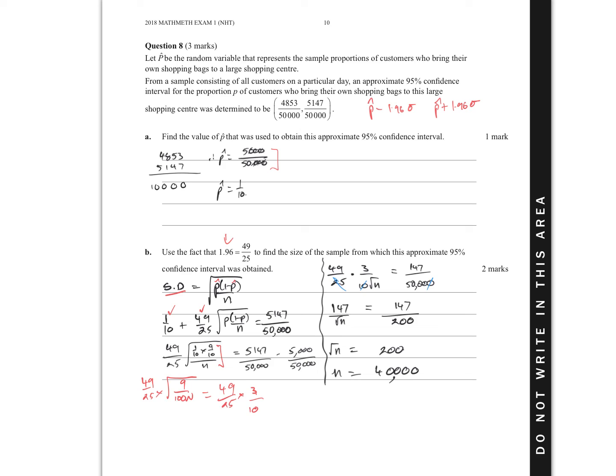Oh, it's up there. Sorry, I didn't see it up here, which is where those values come from at the top. Yeah, so the square root of 9 is 3, the square root of 100 is 10 root n, and that's equal to the difference. So that's the mean in the middle, 5,000 on 50,000, which is the 1/10. Yeah, so that difference is 147 on 50,000, which is that value out there. That's where that comes from.